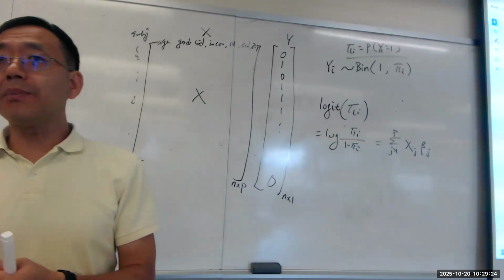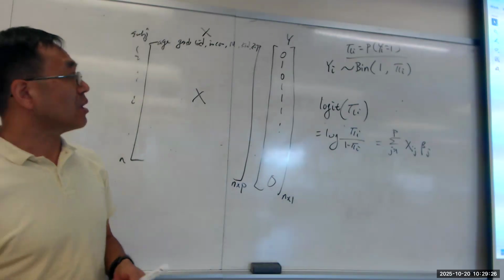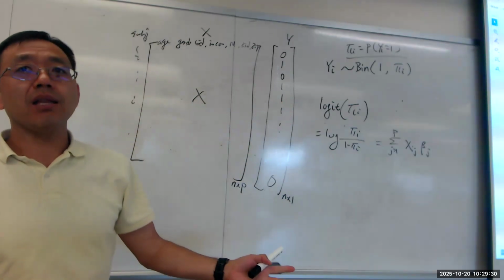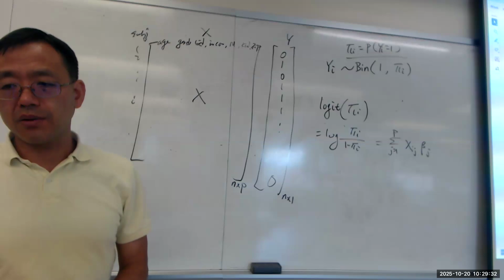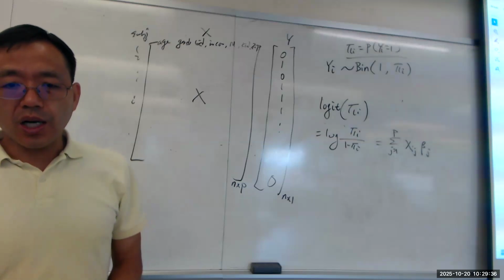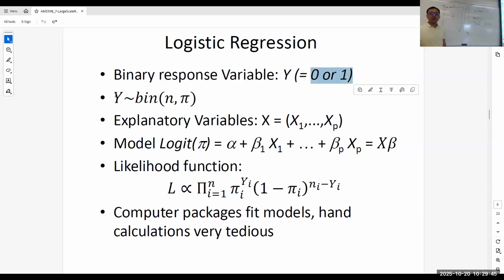You don't observe pi. All you observe is 0, 1, 0, 1. This is a binary outcome, and that's all you observe. So this is what I talked about: binary response 0 and 1, and then you assume your y follows the binomial distribution with n and pi, where n is just assumed to be 1.